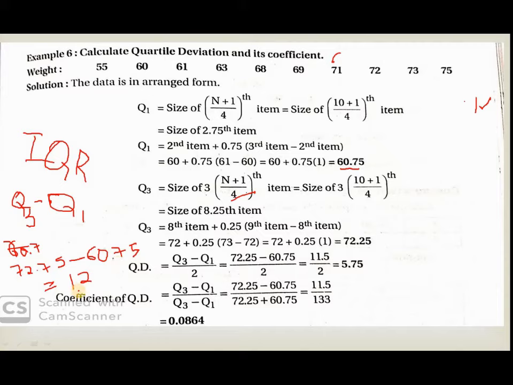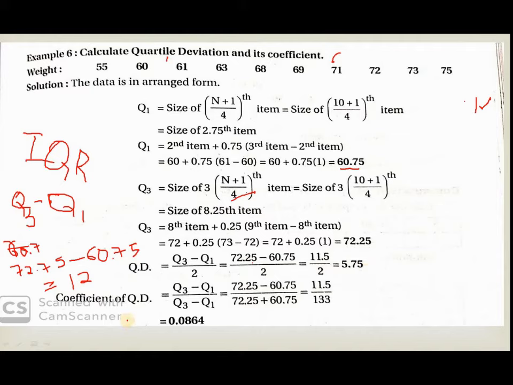That is the IQR. Next, you need to find the quartile deviation and its coefficient. What is the formula for quartile deviation? QD is equal to Q3 minus Q1 divided by 2. Q3 is 72.25, Q1 is 60.75, divided by 2. So we get the quartile deviation as 5.75.